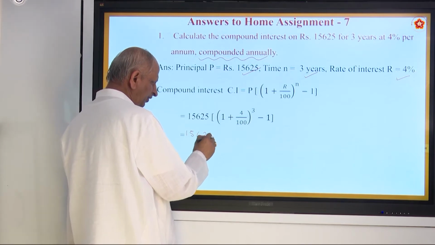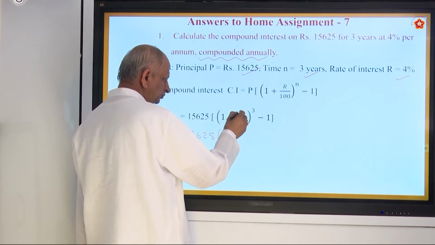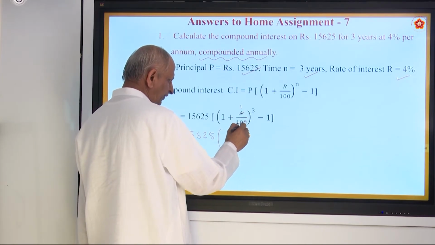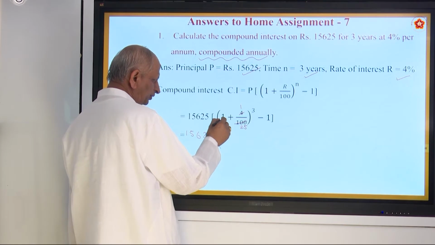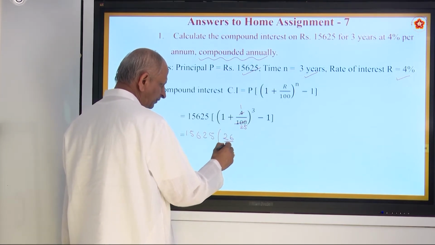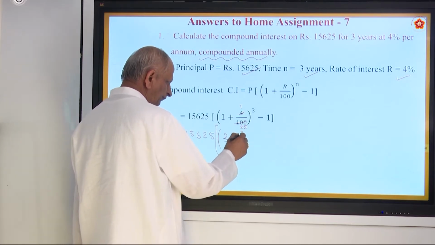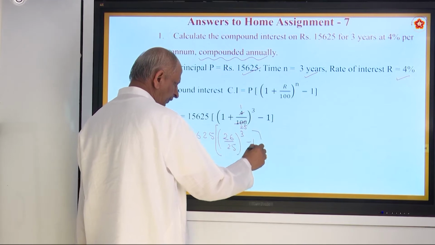So, 15,625 into, 4 ones are 4, 25s are 1 in 25, so this will be 25 plus 1, 26 by 25 cubed, minus 1.